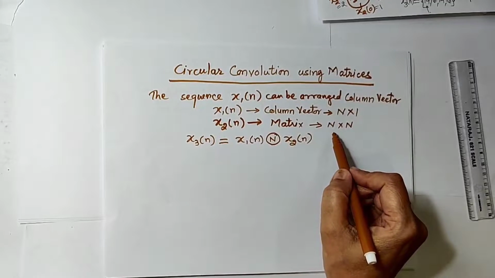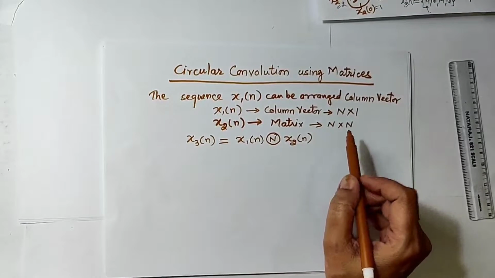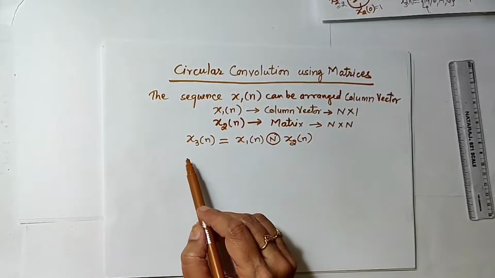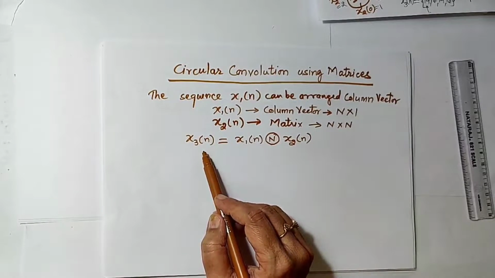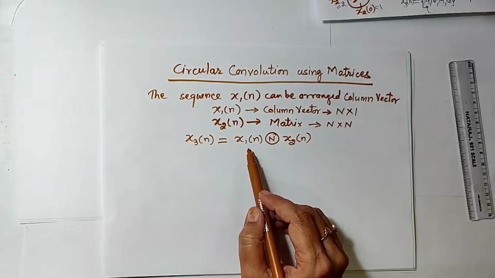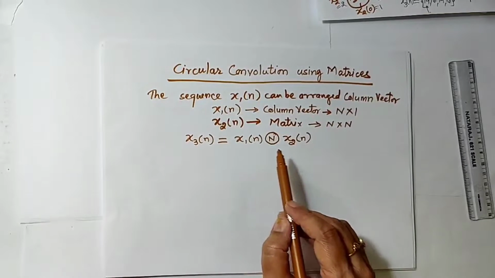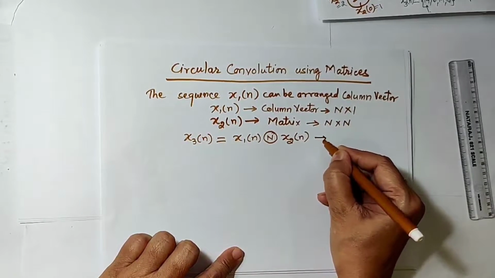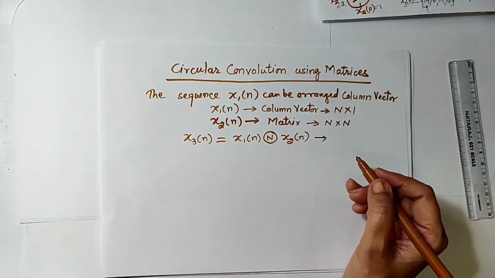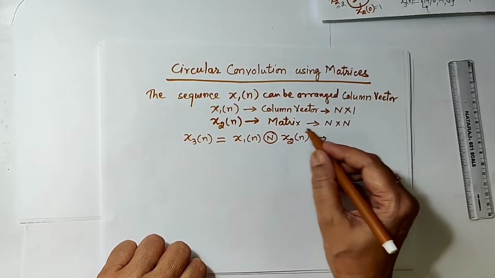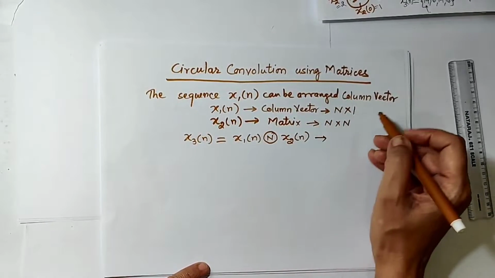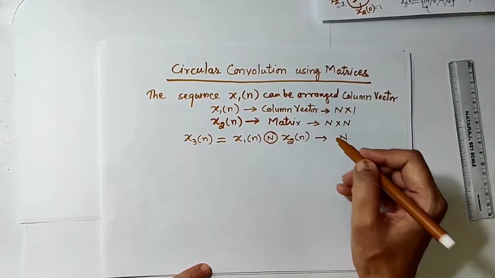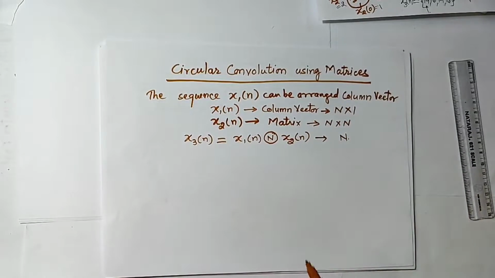We have considered x1(n) and x2(n), and x3(n) is the resultant of the circular convolution of x1(n) and x2(n). Its length will be N, because we are taking the N-point DFT.